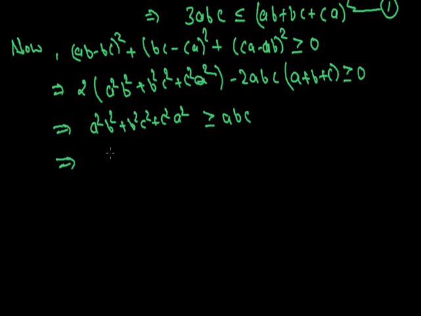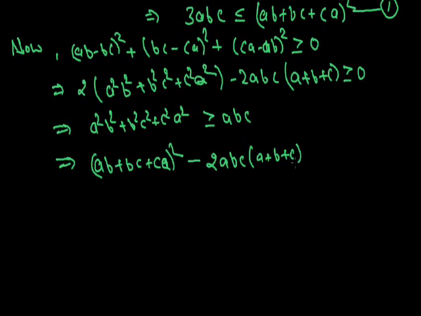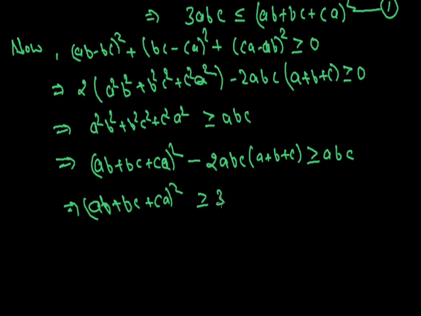From here we have (AB plus BC plus CA) whole square minus twice of ABC (A plus B plus C) is greater than or equal to ABC. From here we have (AB plus BC plus CA) whole square is greater than or equal to thrice of ABC, as we know that A plus B plus C is equal to 1. That is the inequality 1 that we had to prove.